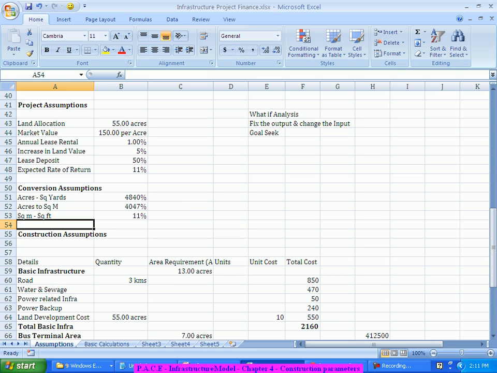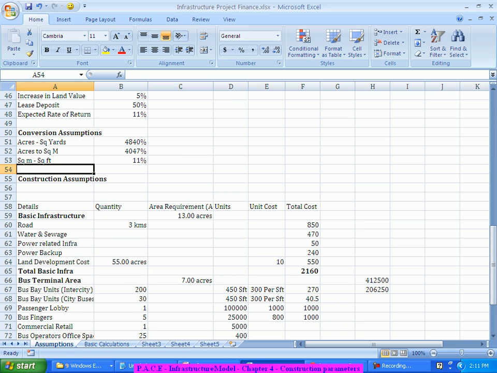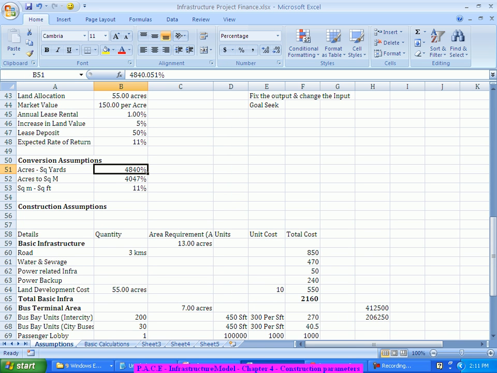Now I need to find out, if this much square feet is what it requires per floor, how many acres that is. These are not percentages, so I'll just convert them into numbers.